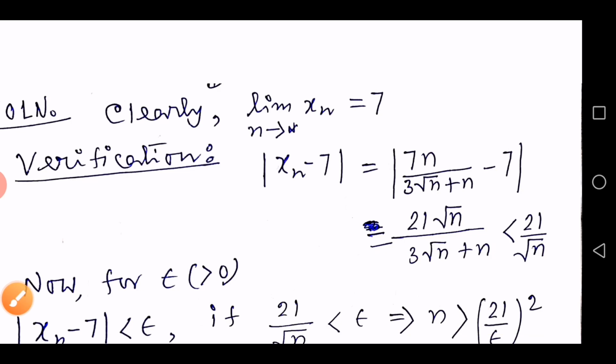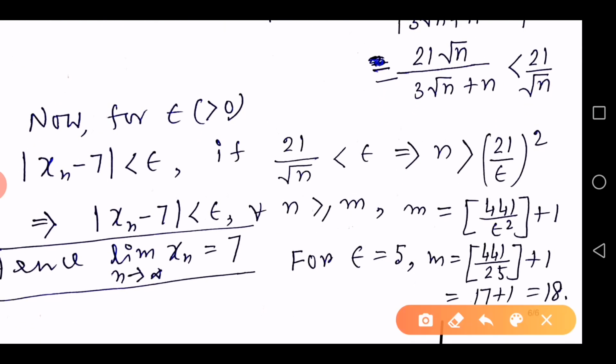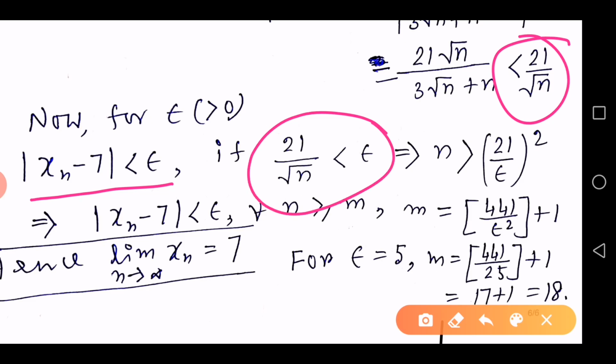So for any pre-assigned positive epsilon, modulus of xn minus 7 is less than epsilon whenever 21 by root n is less than epsilon, that is, whenever n is greater than 21 by epsilon whole square.